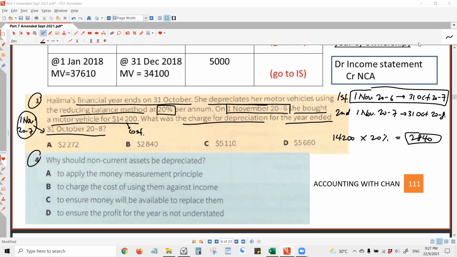Now, second year's depreciation: 14200 minus accumulated depreciation, then you times the percentage. This is the formula for second year onward. 14200 minus 2840 times 20%. Answer is A. Most of you did it correctly. Well done.